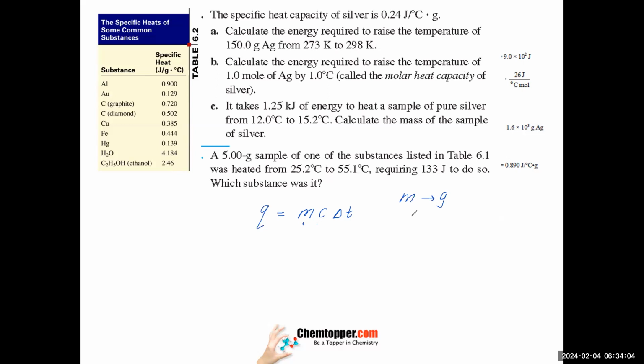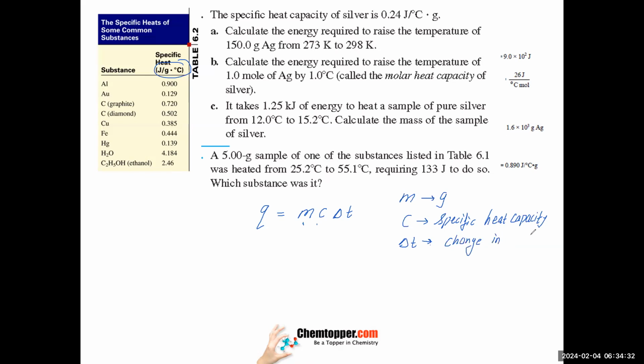What is this small c? And what is this delta T? Small c is specific heat capacity with the units of joules per gram per degree Celsius. And delta T is change in temperature.